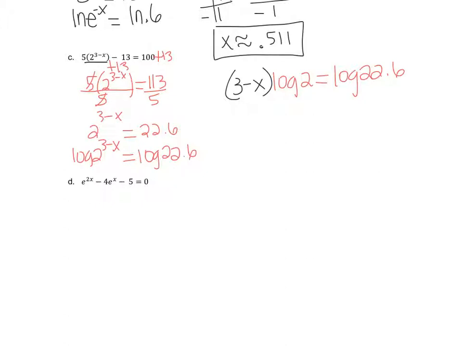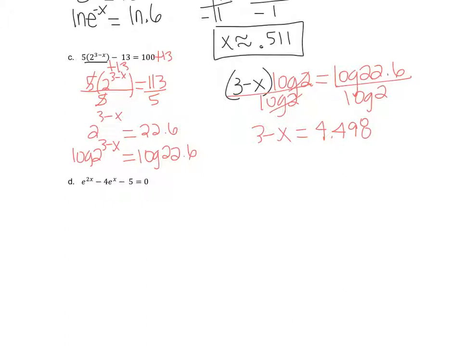Okay, so remember your goal is you're solving for x. So think about this. I'm going to need to divide out my log of 2. So I'm going to divide both sides by log of 2, and I'm going to go ahead and round to 3 decimal places. So what I've got is 3 minus x equals 4.498.